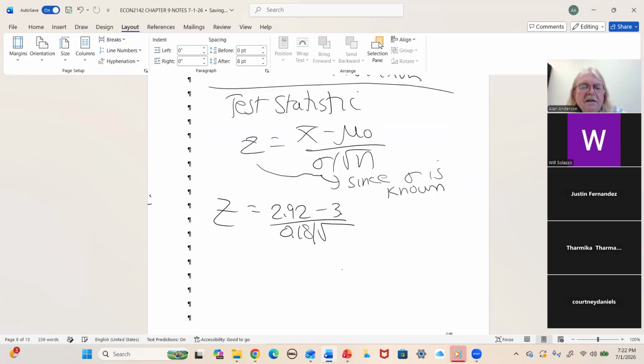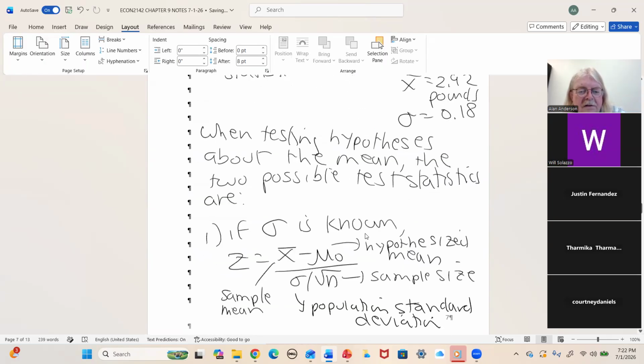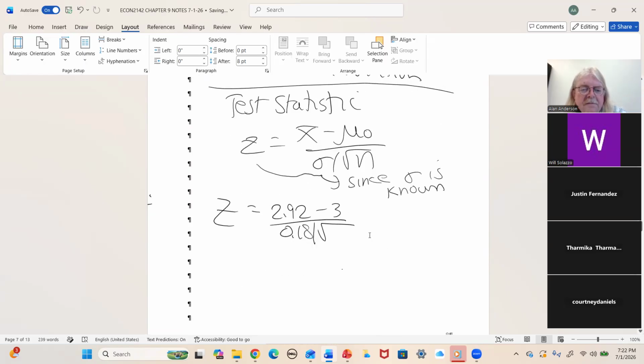And the sample size was 36. So whatever this number is, that's our test statistic.